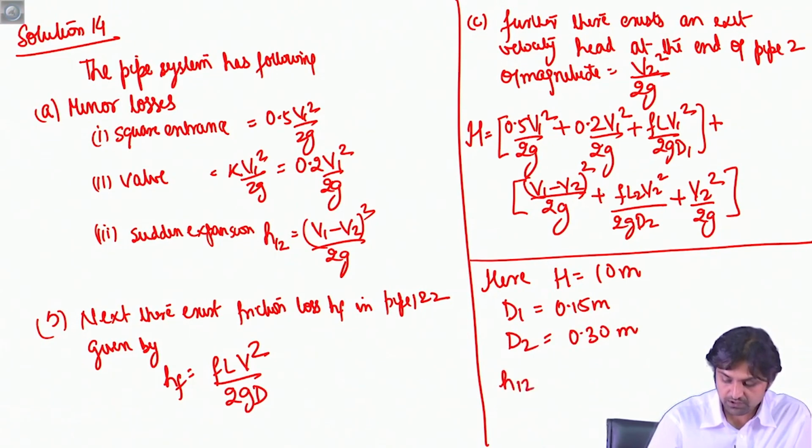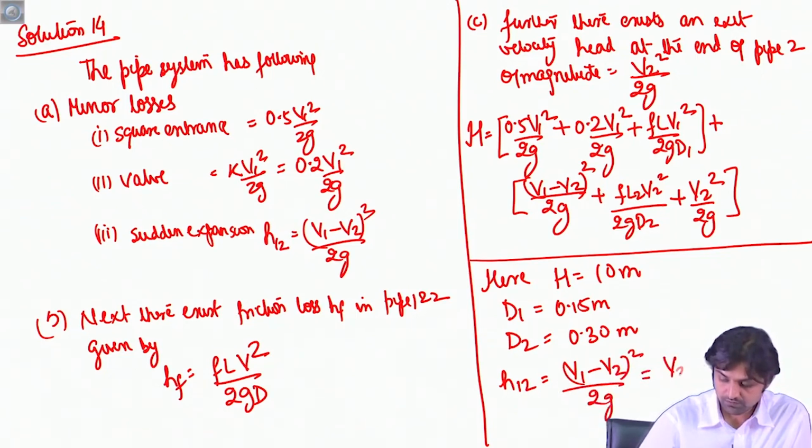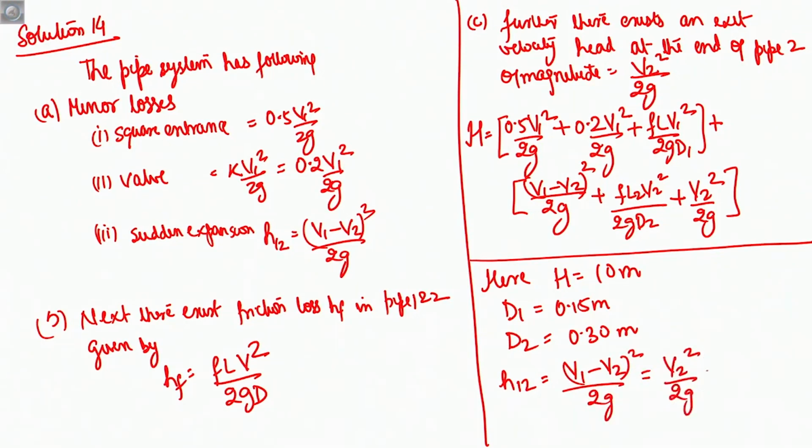So H12, this sudden expansion, is (V1 minus V2) whole square by 2g, or V2 square by 2g into (V1 by V2 minus 1) whole square.